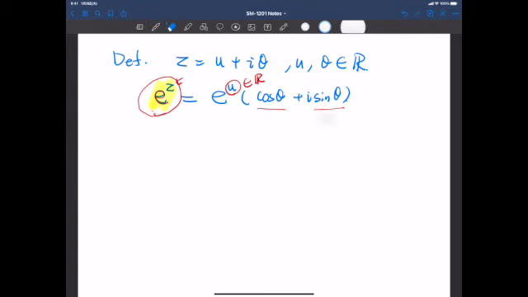This means this. So here's the definition of a new function in the complex domain, a function from complex numbers to complex numbers.